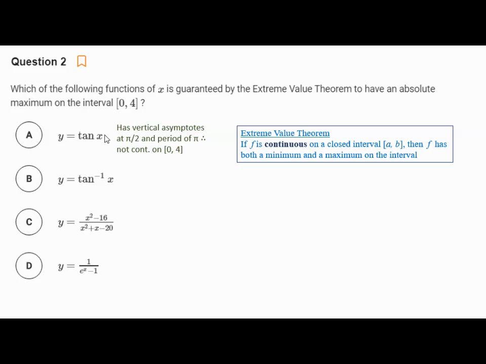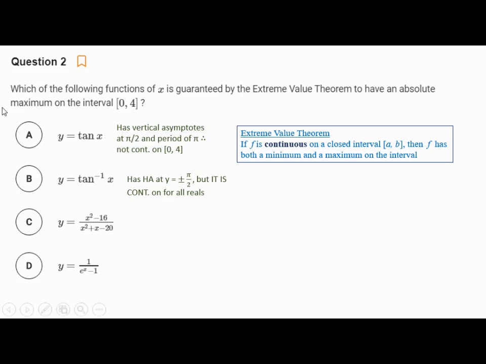Therefore, it needs to be one-to-one, which means it has to pass the vertical line test and the horizontal line test. If you take that portion of tangent x and reflect it over the y equals x line, then the domain and range will switch, which means you will now have horizontal asymptotes at pi over 2 and negative pi over 2, and you're not going to have any vertical asymptotes.